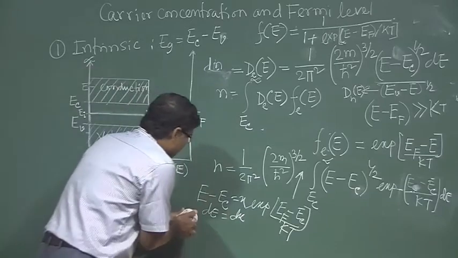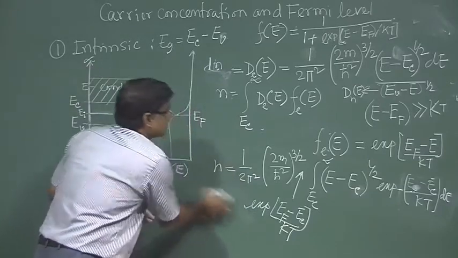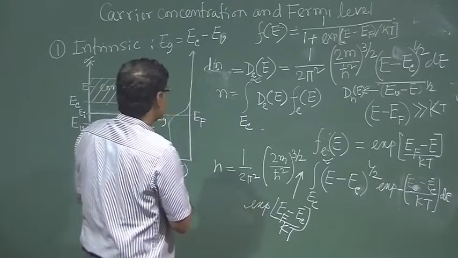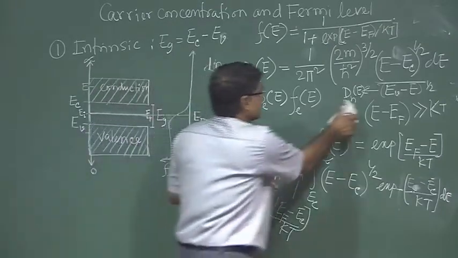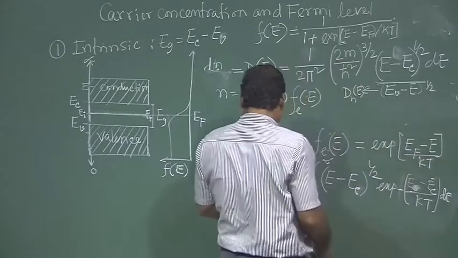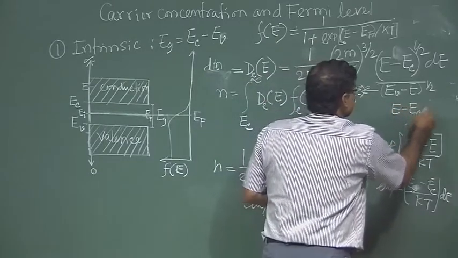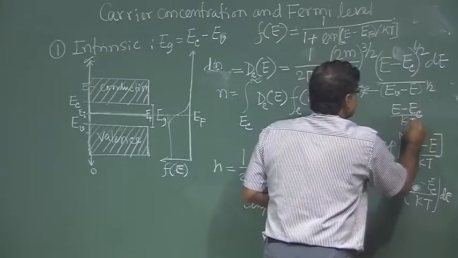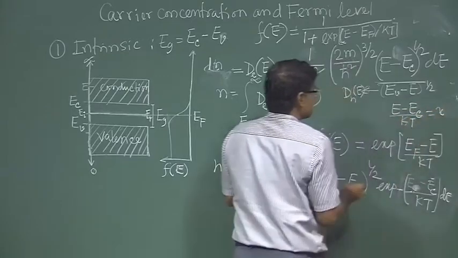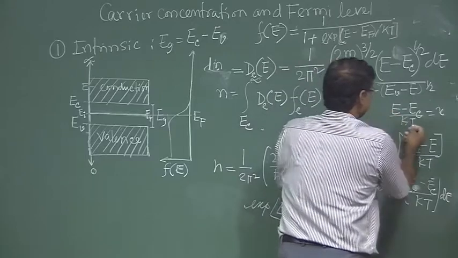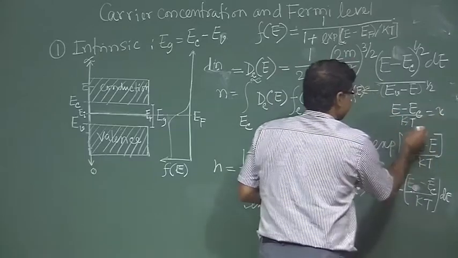Basically, here if you take E minus EC by KT equal to x, so dE equal to KT dx.